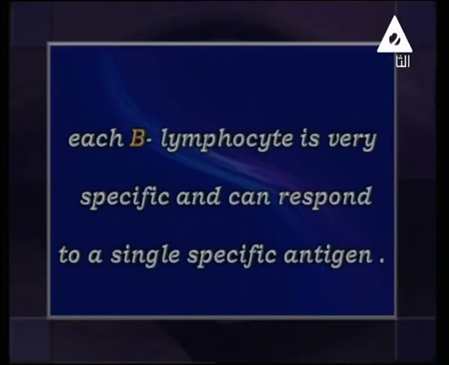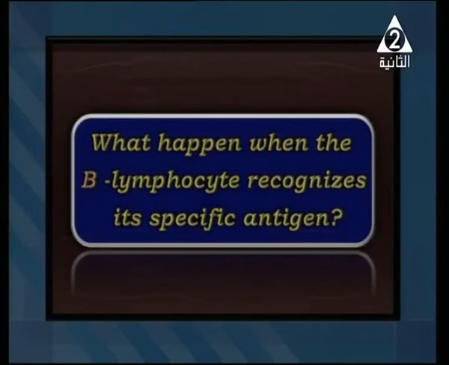Each B lymphocyte is very specific and can respond to a single specific antigen. But what happens when the B lymphocyte recognizes its specific antigen? We need a complete answer for this. Let's start our story right now.